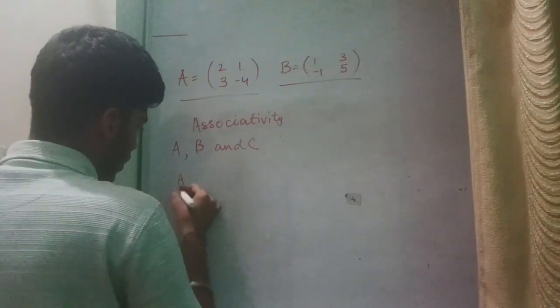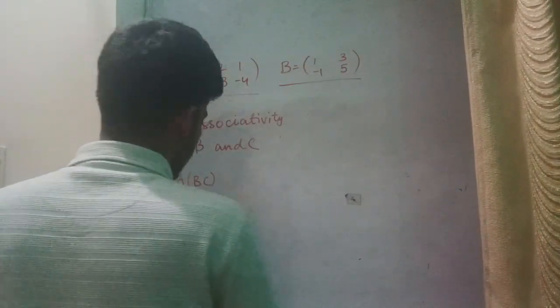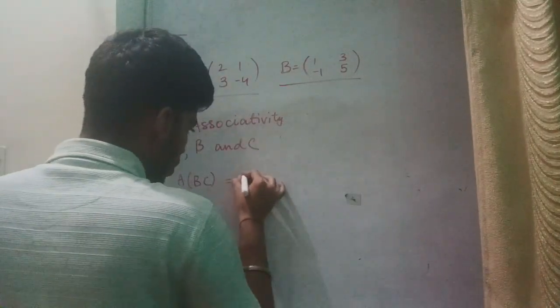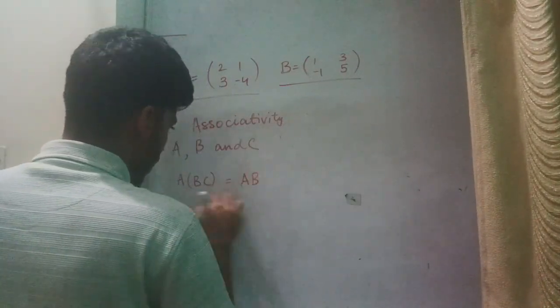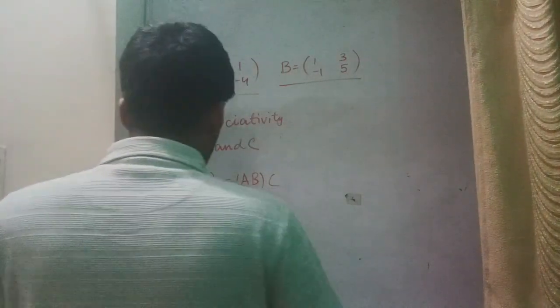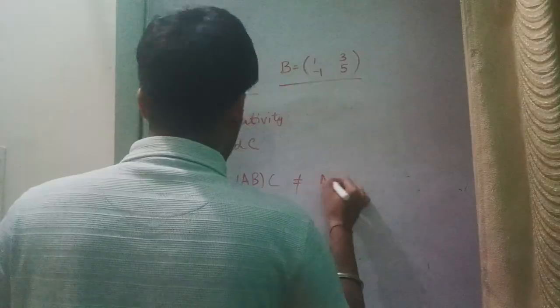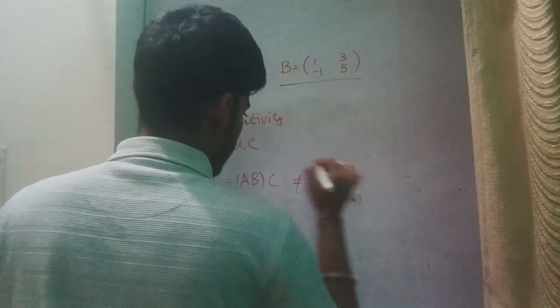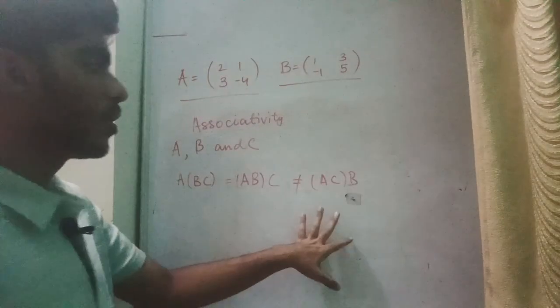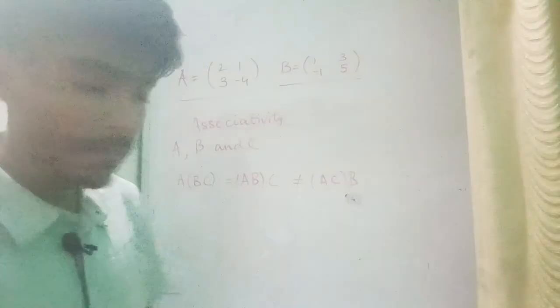So if I do matrix A times matrix B times C, then it will be equal to matrix A times B times C, right? But it will not be equal to matrix A times C times B, right? So it's not associative in the way numbers are.